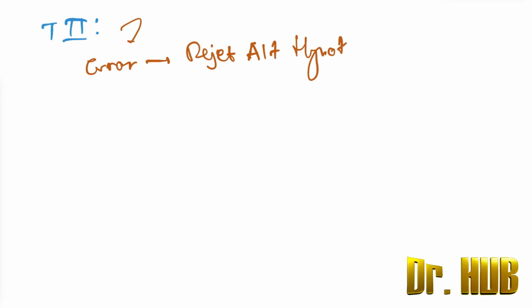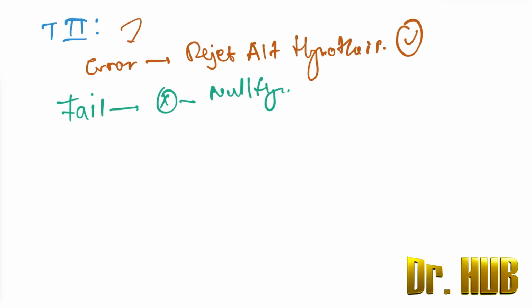Then we move on to the type 2 errors. So what does this include? The error is made by rejecting an alternative hypothesis when it is true, or failing to reject a null hypothesis when it is false.